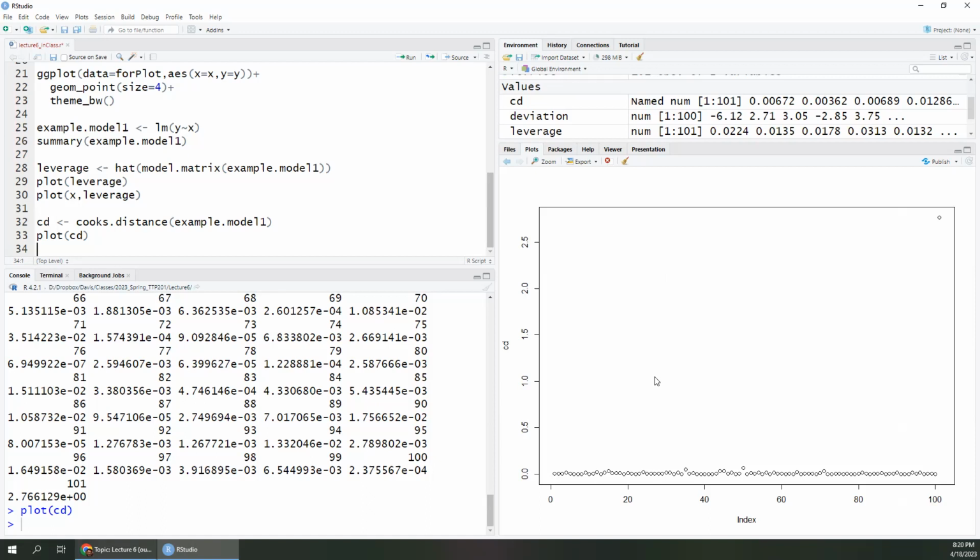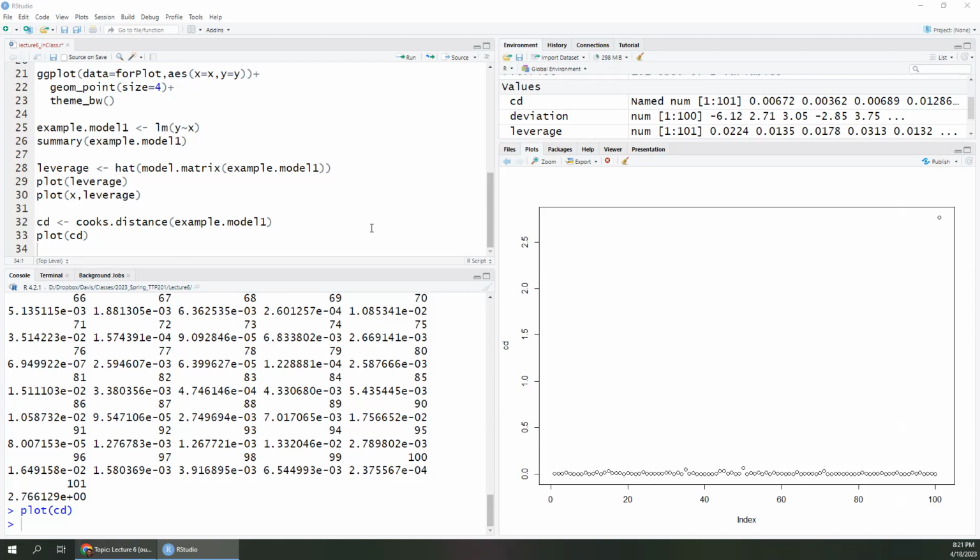There's a question of where the cutoff needs to be in order to figure out when you would identify something as an outlier, but that in itself can be somewhat of a subjective measurement.